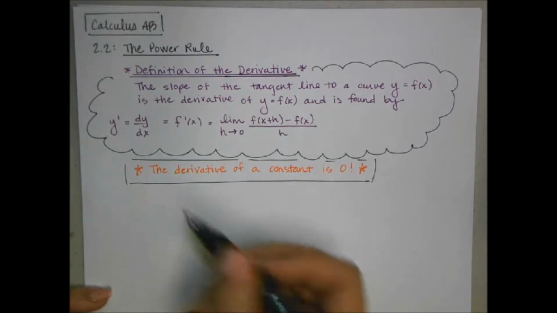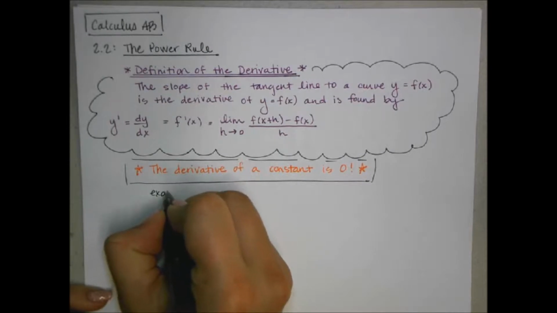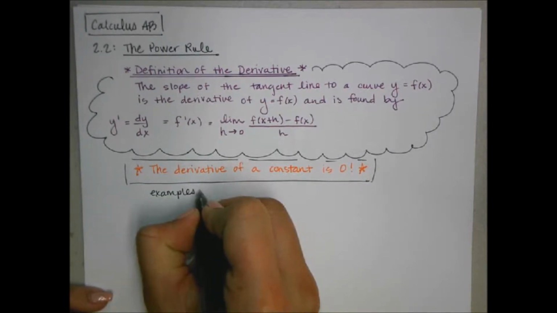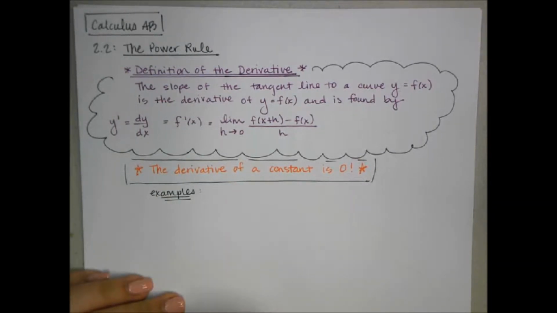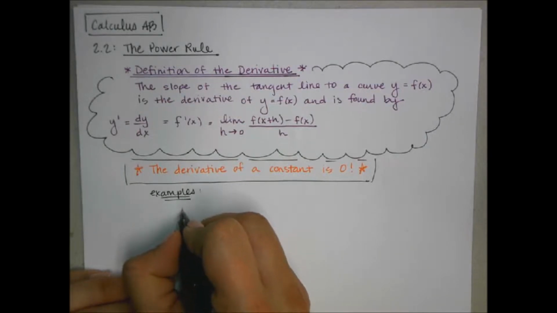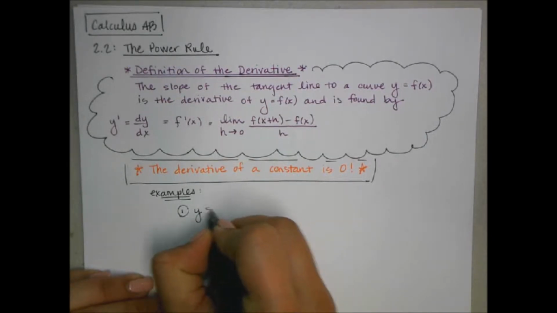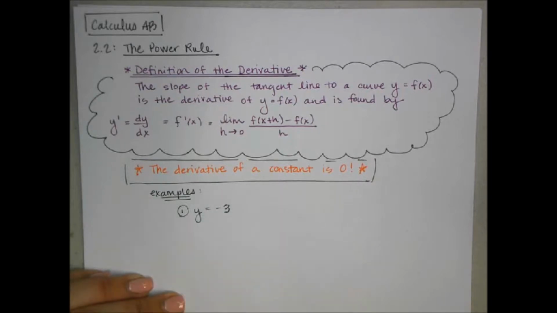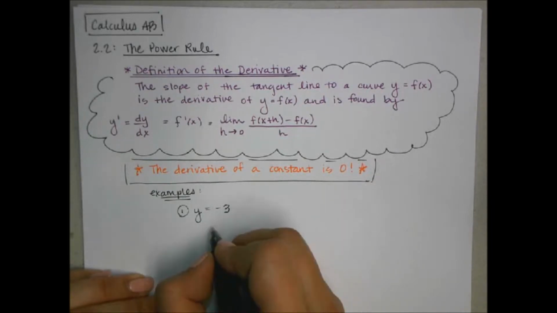Here are some examples. We say y is equal to negative 3. Its derivative, y prime, is 0.